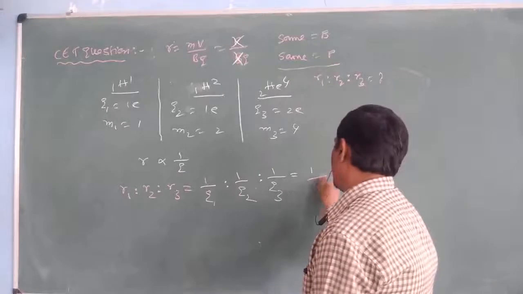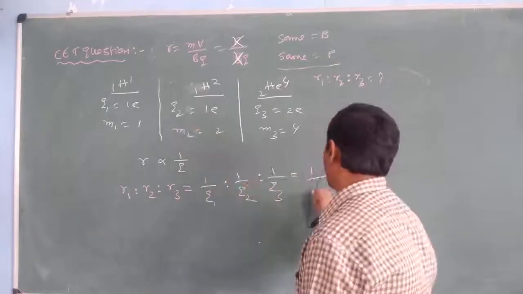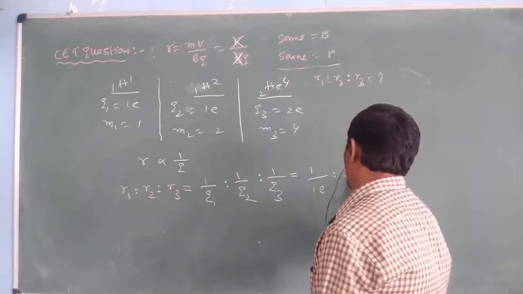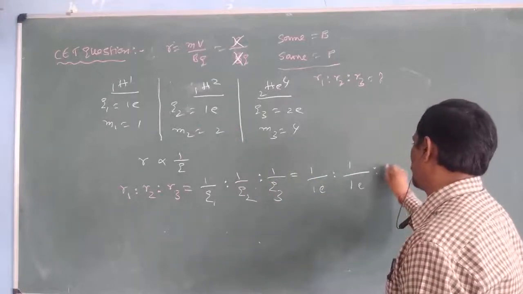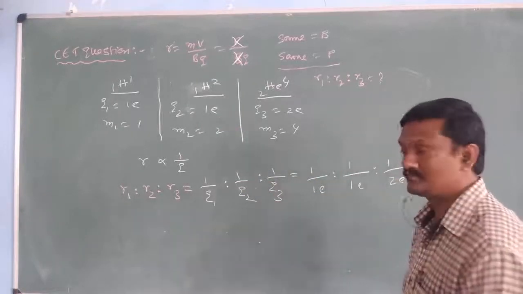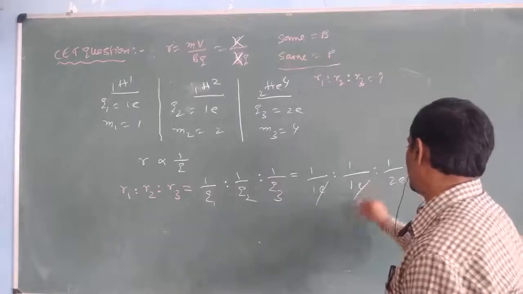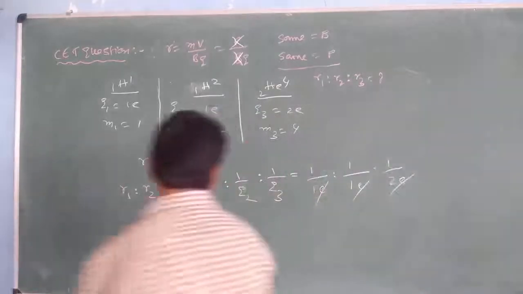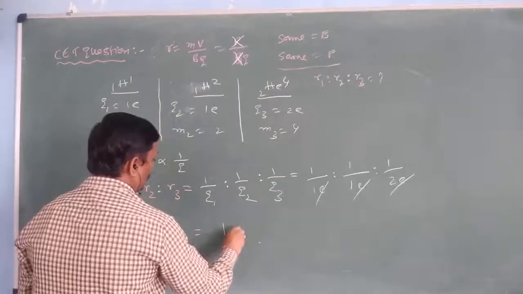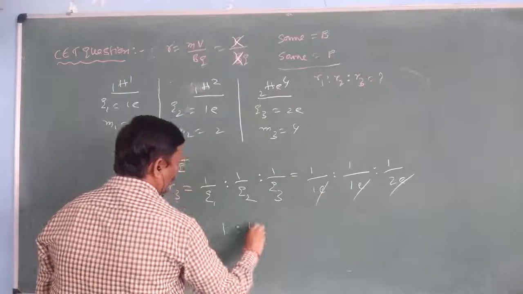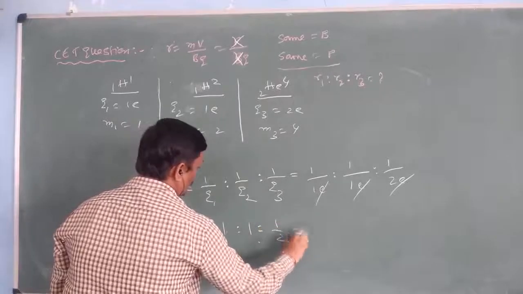So q1 means 1e, q2 means 1e, q3 means 2e. In all the denominators, e is common and cancelled. Then the radius ratio: 1 by 1 means 1, 1 by 1 means 1, is to 1 by 2.